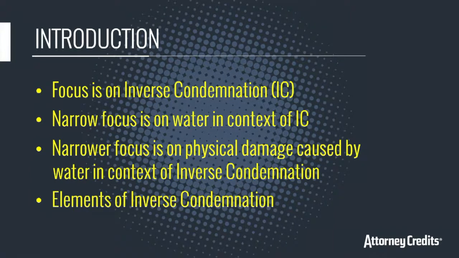So now that we've got that out of the way, what are the elements of inverse condemnation? Well, the case law is fairly clear about this. You need ownership, right? Then you need government substantial participation in the public project, all right? And we'll talk a lot about that. You also need taking or damaging of private property.